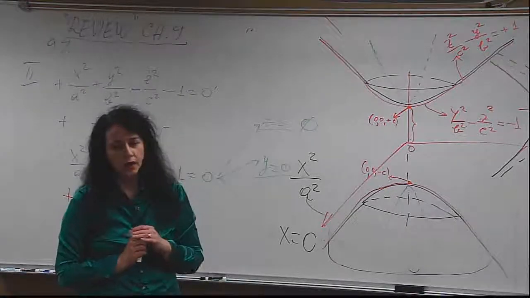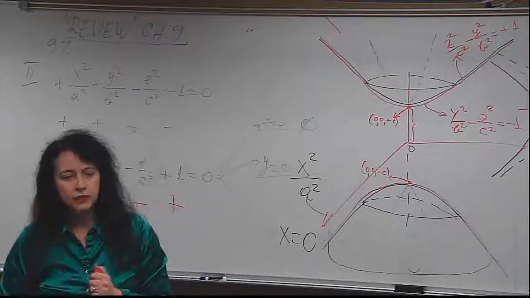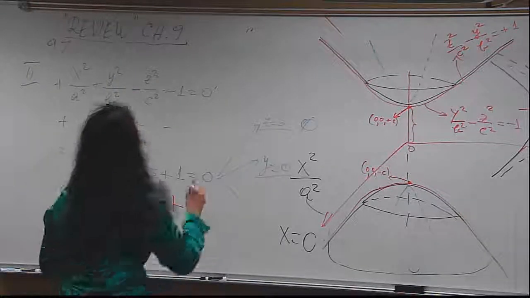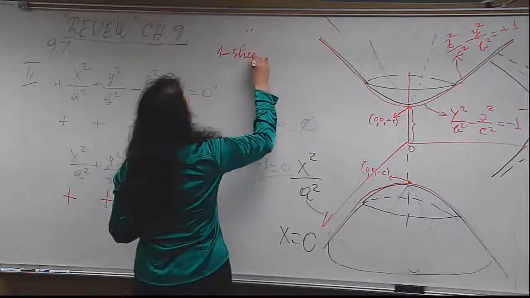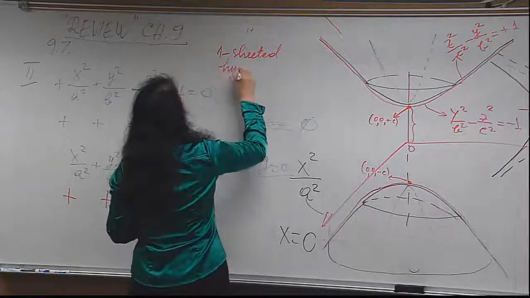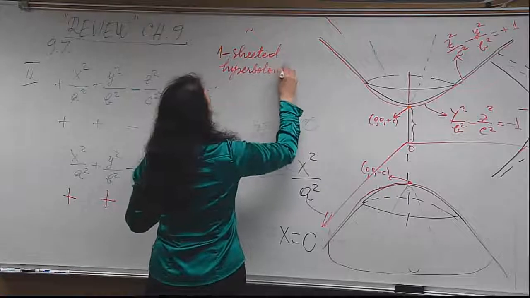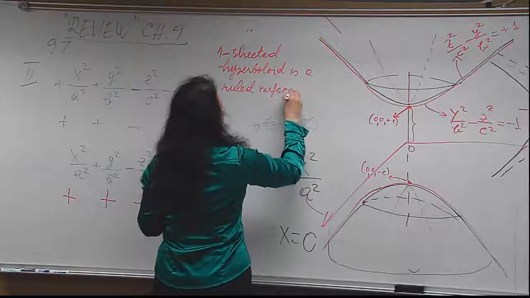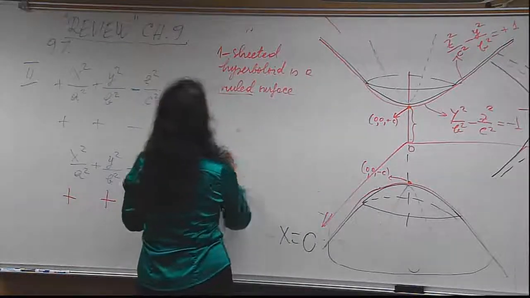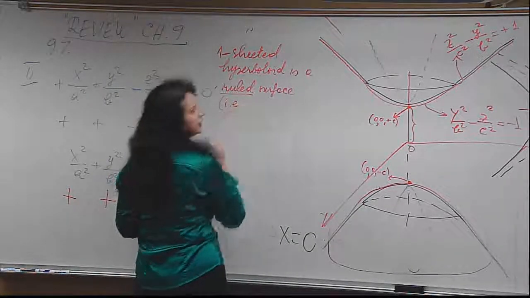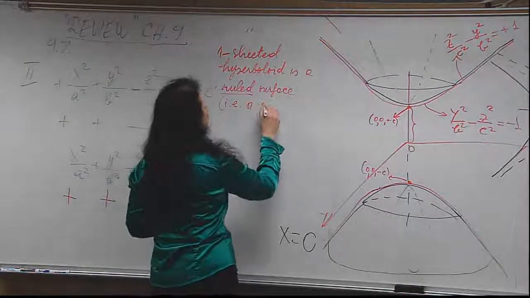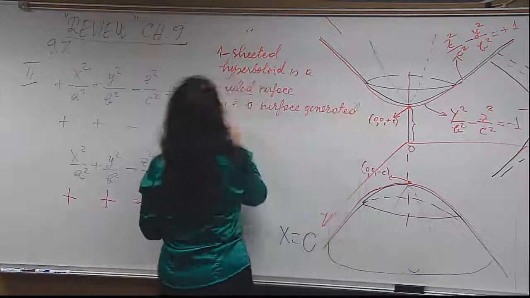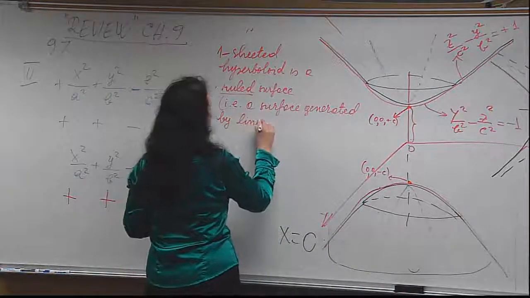Prove that the one-sheeted hyperboloid is a ruled surface, that is, a surface generated by lines in motion.